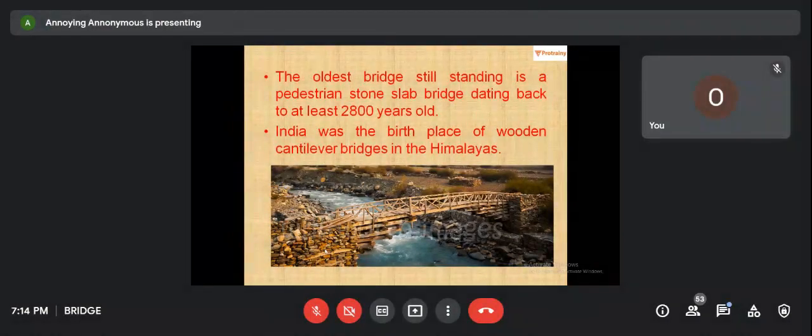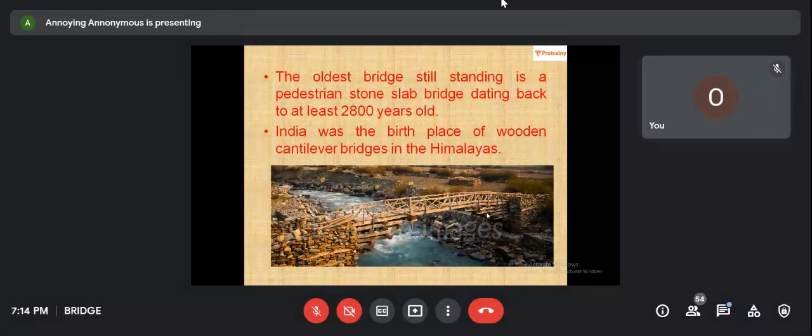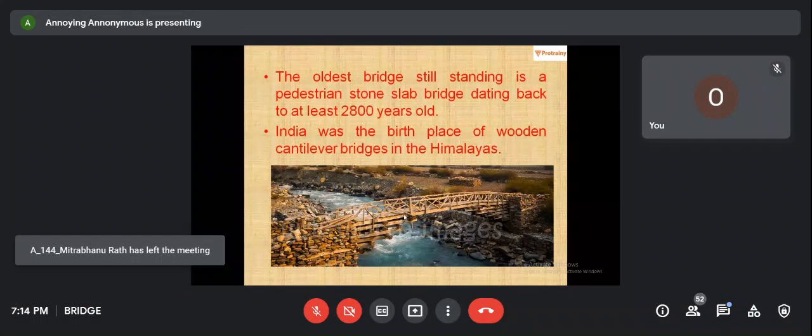And then what they do is they insert these logs, a cantilever is prepared, and finally they took the cantilever so far ahead that with just a single plank you can get to the other side.